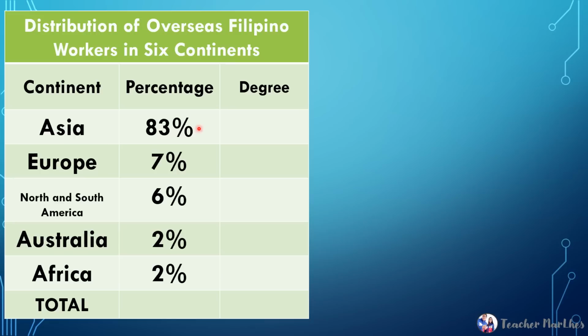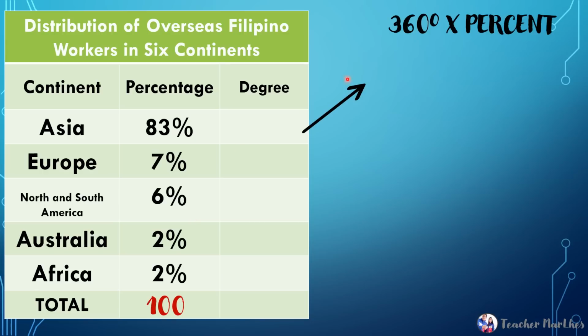Okay, so dito, i-total muna natin to. 83 plus 7 plus 6 plus 2 plus 2 is equal to 100%. So, palaging 100% po ang total ng percentage. Okay, so for Asia, so 360 degrees times percent. So, 360 times 0.83. So, kailangan nating i-convert yung 83% to decimal by moving 2 units to the left.